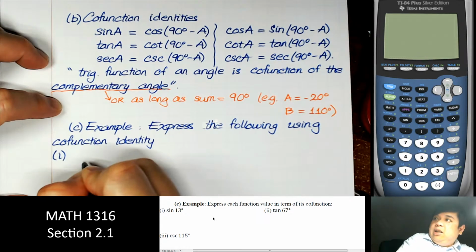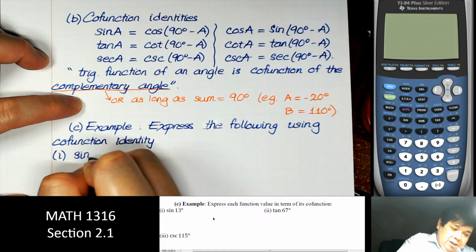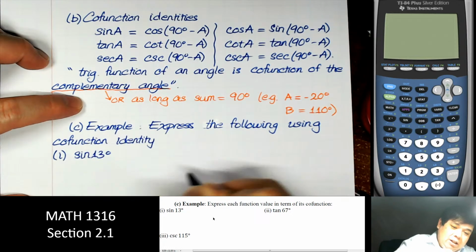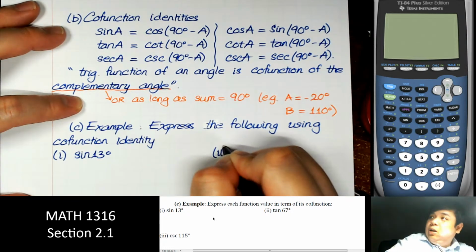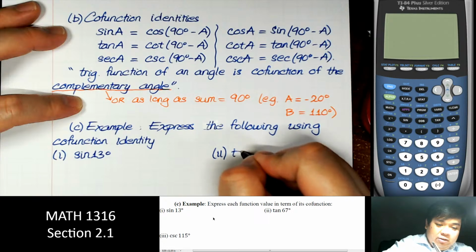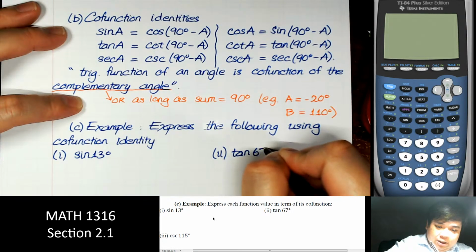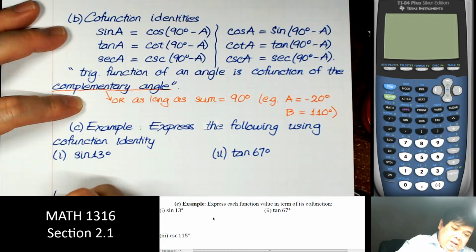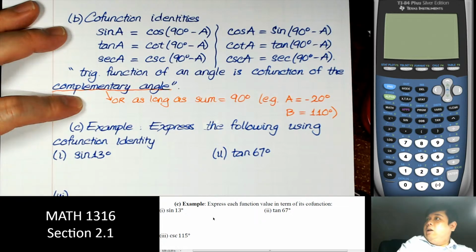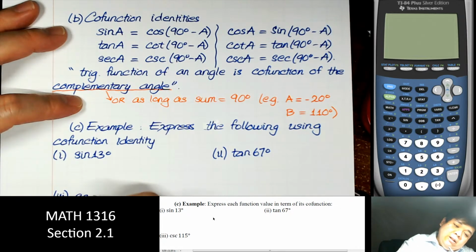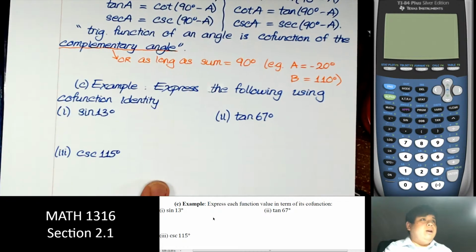Now this should be very easy. Sine of 13 degrees, tangent of 67 degrees, and cosecant of 115 degrees.